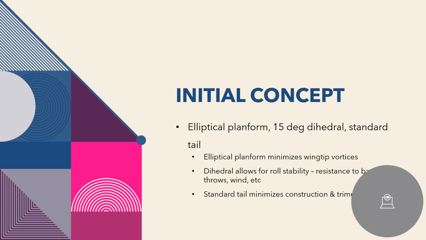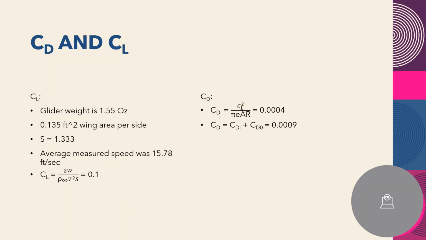As I mentioned, the initial concept was an elliptical platform with a 15-degree dihedral and a standard tail. The elliptical platform minimized wingtip vortices. The dihedral allowed for roll stability, and a standard tail minimized construction. So here are my calculations.